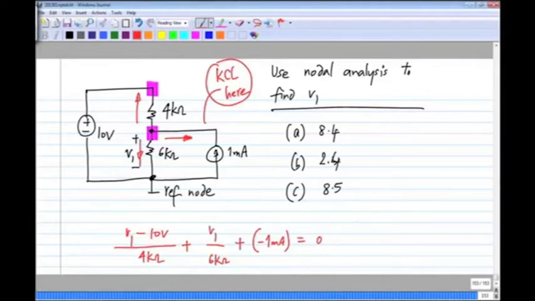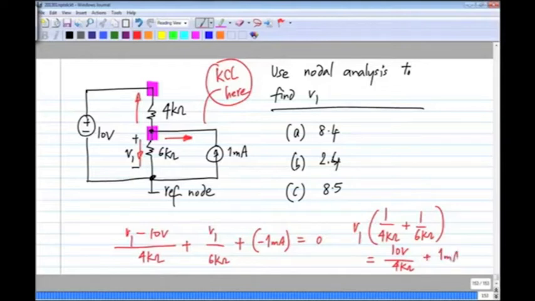So V1, if I group all of that together, I will have V1 times 1 by 4 kilo ohm plus 1 by 6 kilo ohm equals 10 volt divided by 4 kilo ohm, plus 1 milliampere.